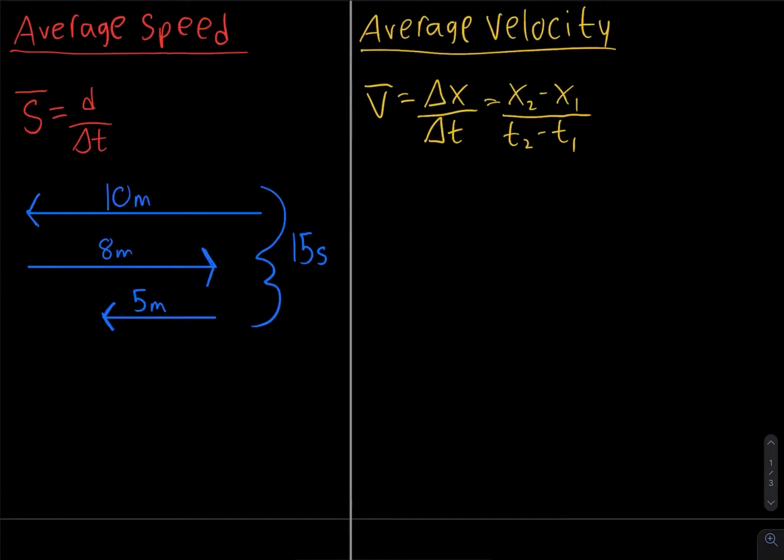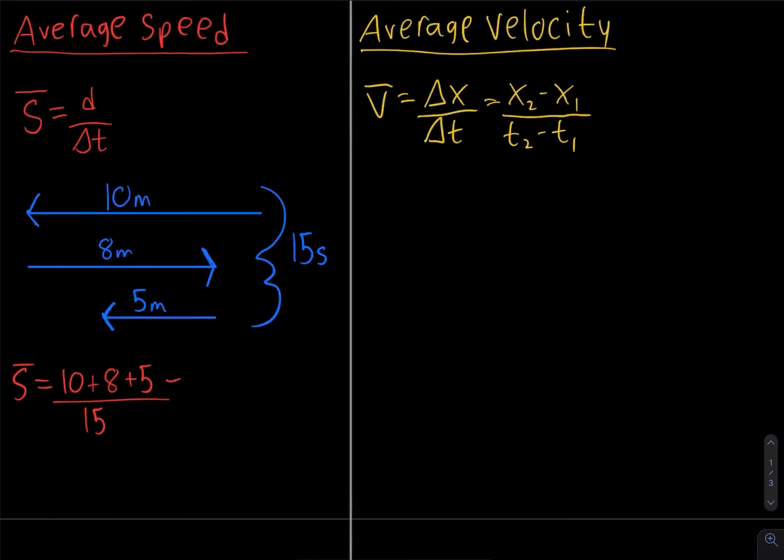What was my average speed? Well, S bar, so I need my distance divided by my change in time. So my distance, well, I walked 10 meters, and then I walked 8 meters, and then I walked 5 meters. So this distance is just going to be 10 plus 8 plus 5, and divided by my change in time, we said was 15 seconds.